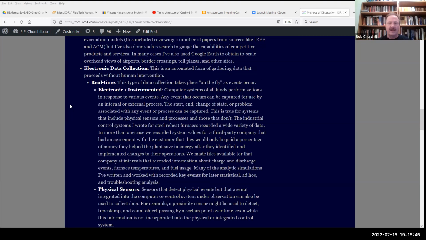You can do electronic data collection, so processes that have instrumentation can record all kinds of data, and sometimes they're entered by hand by different participants, either people just taking notes or people typing stuff in as part of the process. Anything a system will save is data that can be analyzed later.